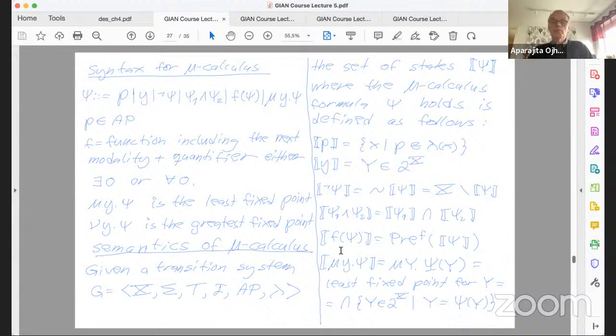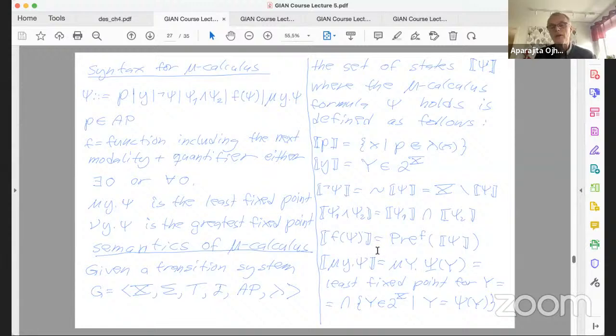And this f function I call pre-f, and f means either always or there exists, so it's the quantifier that comes up there.